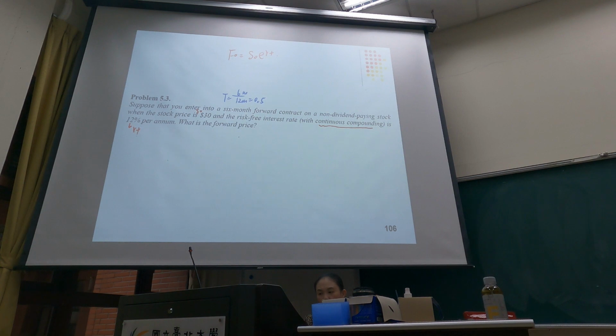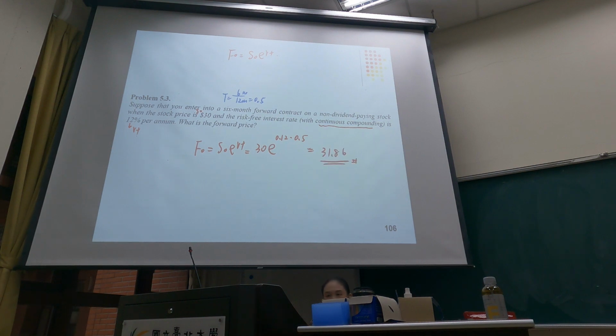The question asks, what's the forward price? So straightforward, right? S0 e^(RT) equals S0 is 30 times e to the power of r, which is 0.12, times 0.5. That's how you figure out the continuous compounding figure. And then the price is 31.86.